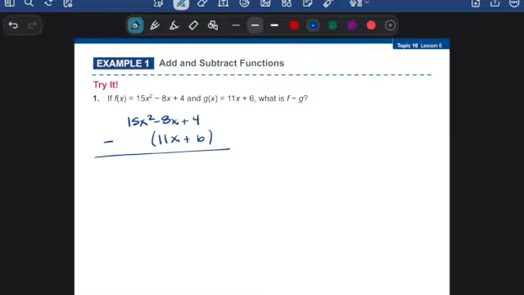Okay. 15x squared minus 0 stays 15x squared. -8x minus 11x, I'm subtracting, so -8x plus -11x is -19x, and 4 minus 6 is -2.